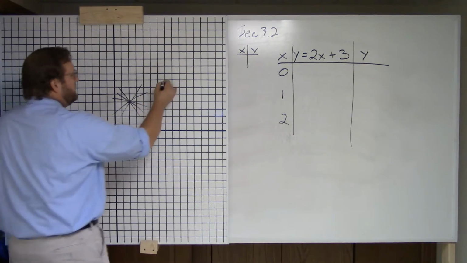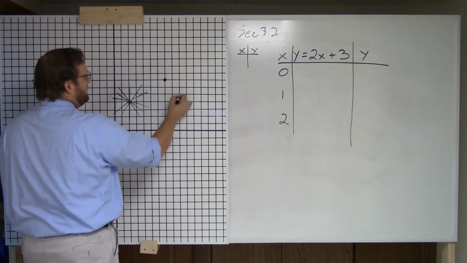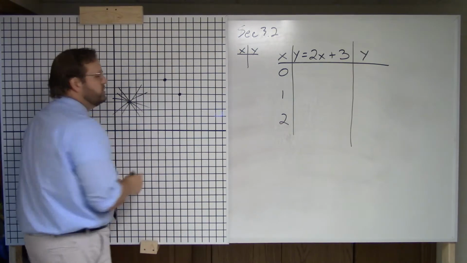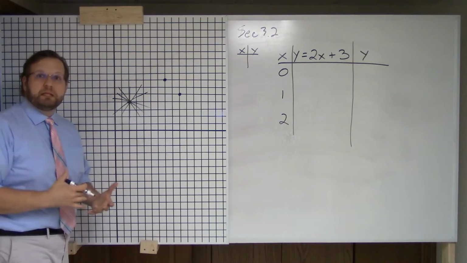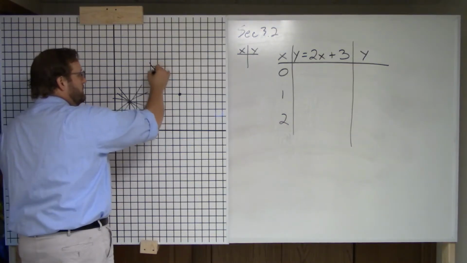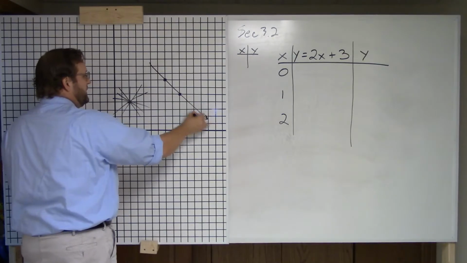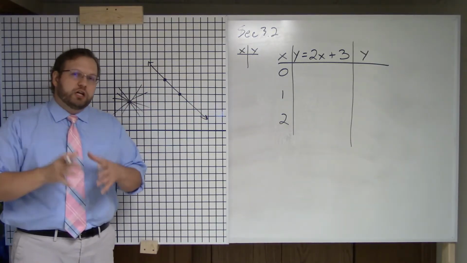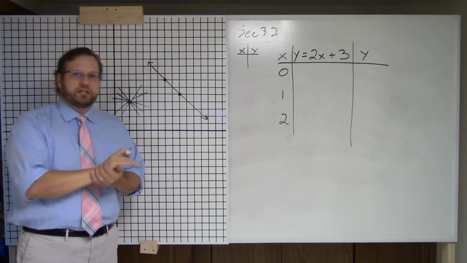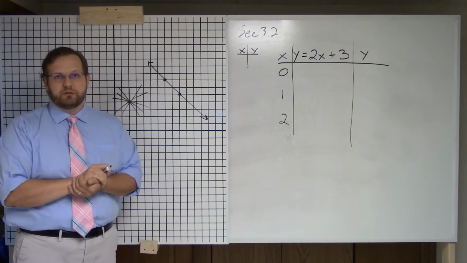Okay? What if I said, draw a line through those 2 points? Then, if I have 20 people or 1,000,000 people, they're all going to be drawing the same line. That's what I want. I want just enough information to get the job done and be consistent in my solution.